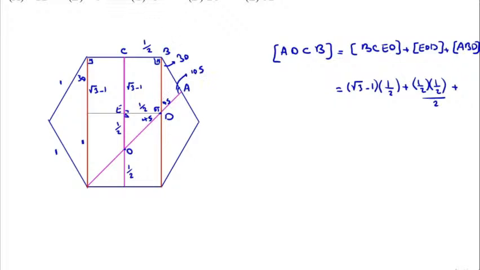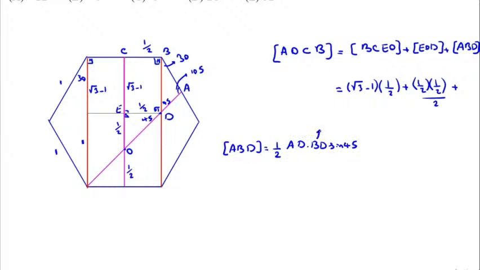It will be 180. Now let's calculate. BD is root 3 minus 1. So let's focus on the area of ABD. We can say the area of ABD is half AD times BD times sine 45.